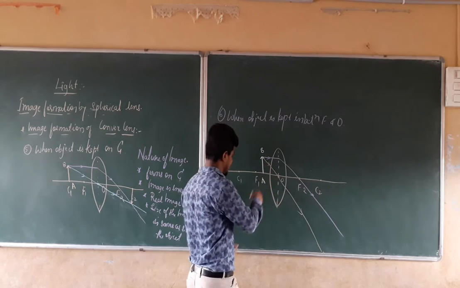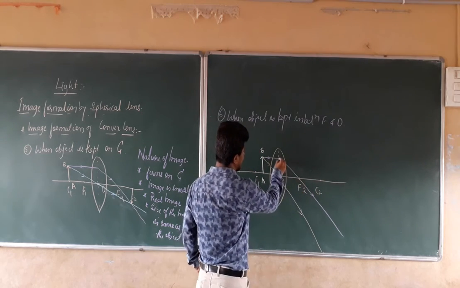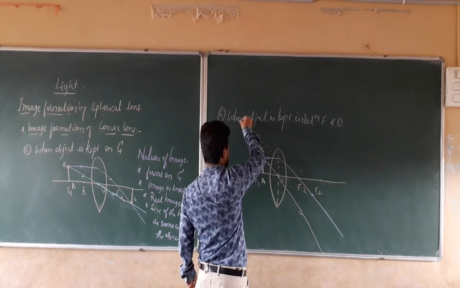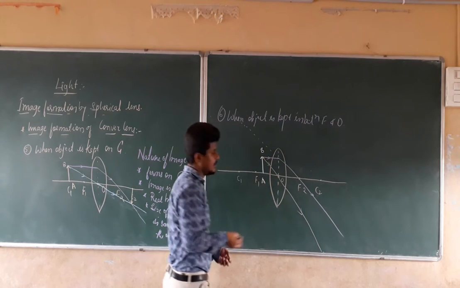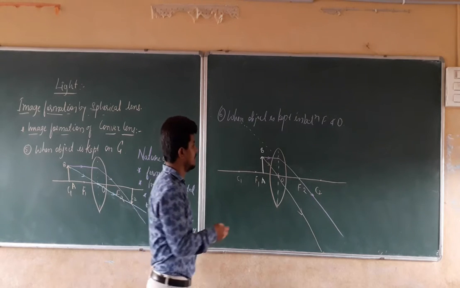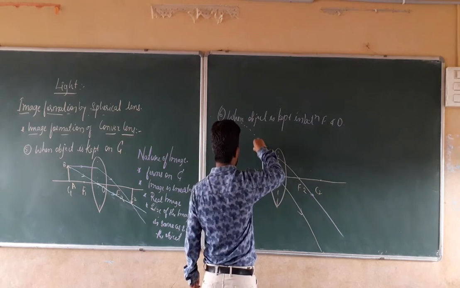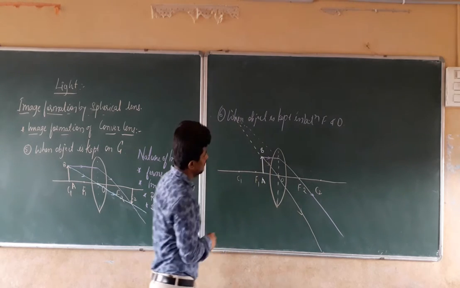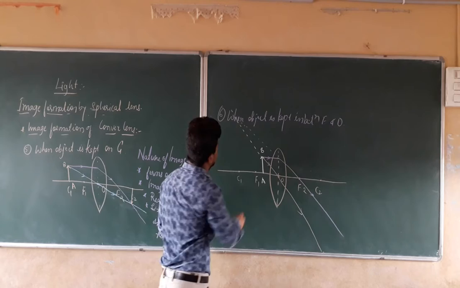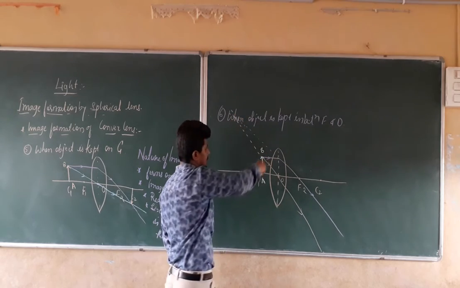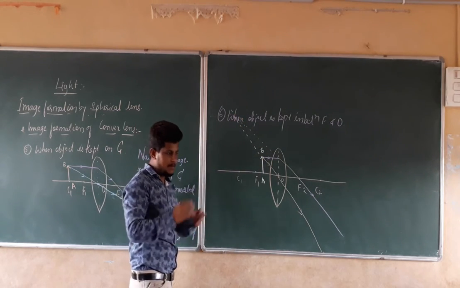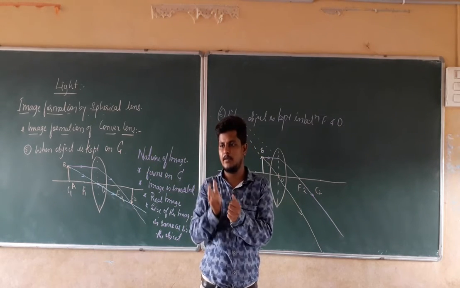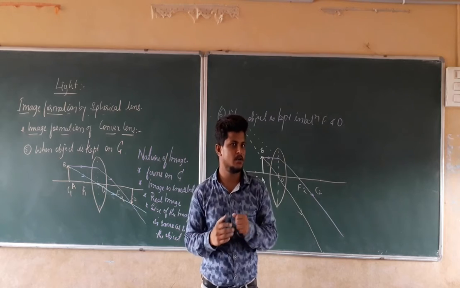When you check this light ray, it tends to come from a point inside the lens, like this. When you take this light ray, it also tends to come from inside the lens, like this. That means both the light rays are diverging and having different paths. One is going in this direction, another in this direction.